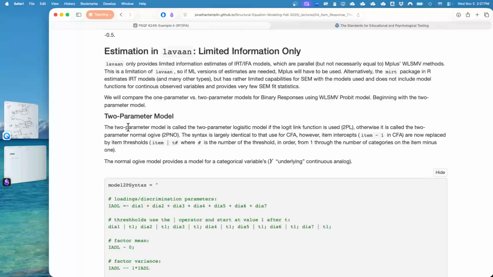Because if you remember, there was this crazy likelihood that we could build around a correlation if it was multivariate normal. So they thought, wait a minute, if we can do CFA on a correlation matrix, and I get a correlation matrix for binary data, could I do CFA on binary data with it? And the answer is yes.